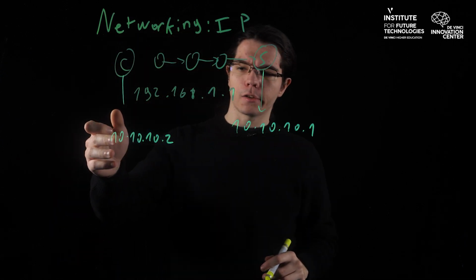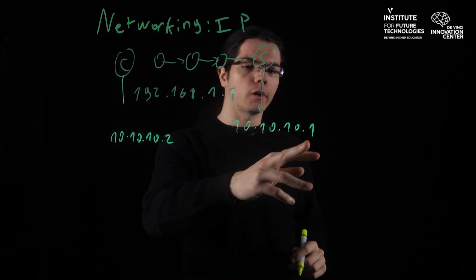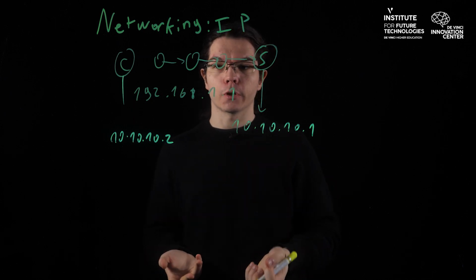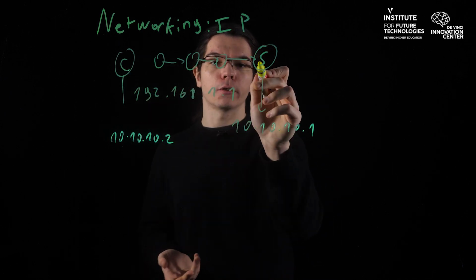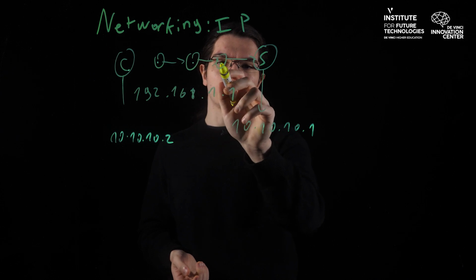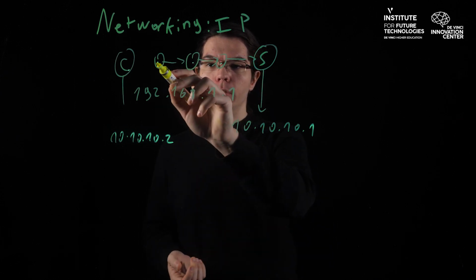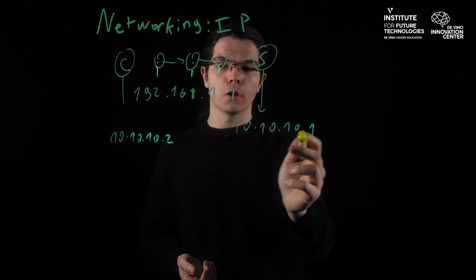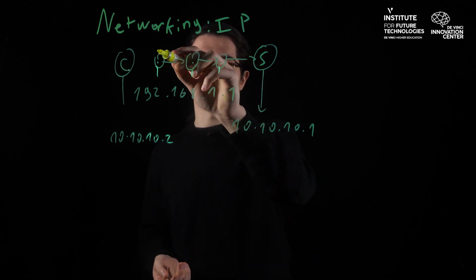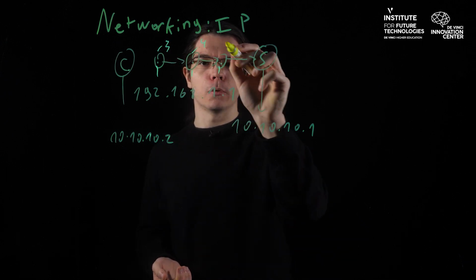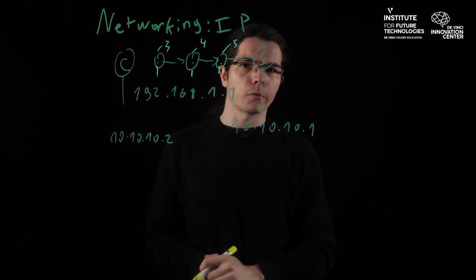So our client has IP address 2, our server has IP address number 1, and we are going to send a message from the client to the server, and all the routers in between are going to also have a different IP address. Let's say this one is 3, this one is 4, and this one is 5.